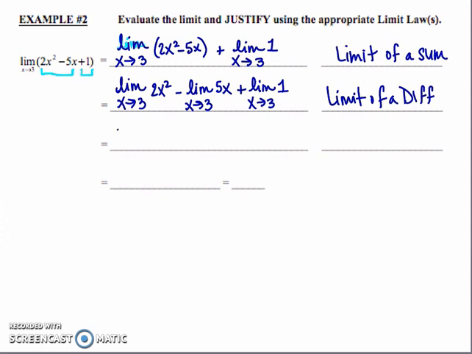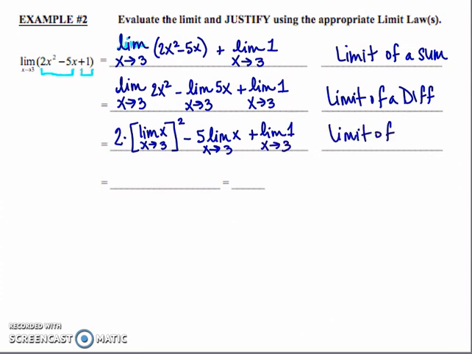So this is going to look like 2 times the limit of x as x approaches 3, and then that quantity is going to be squared, minus 5 times the limit of x as x approaches 3, plus the limit of 1 as x approaches 3. And here I used the limit of a constant multiple.